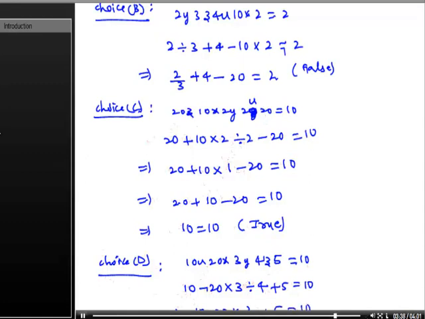Here also clearly we'll get LHS as a decimal value. Since 3 by 4 is 0.75, the LHS gives you a decimal value and the RHS is a whole number. Therefore, it is a false statement. Hence, the required choice is choice C, which is a true statement.